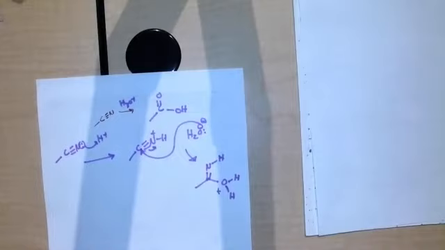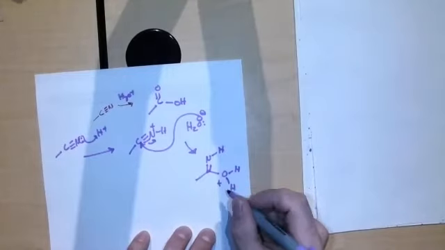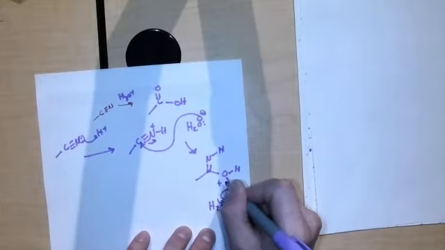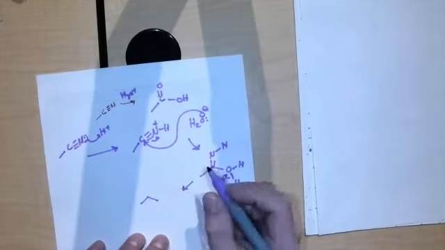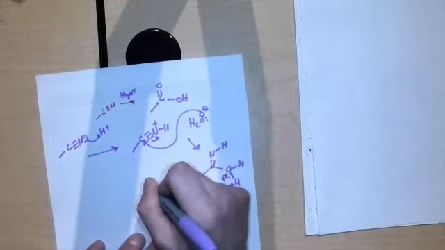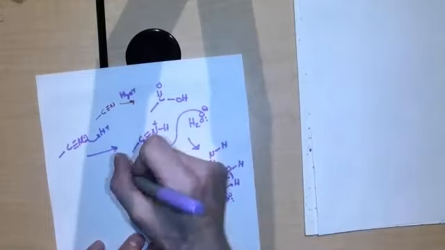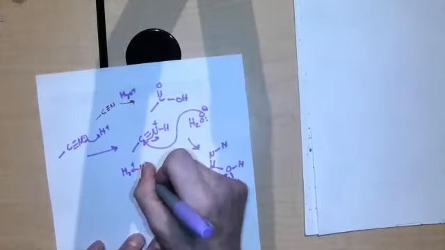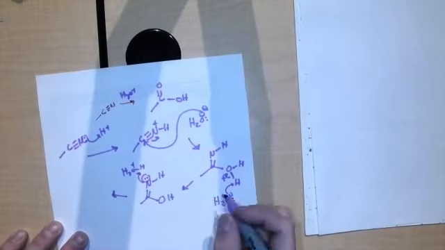From here, we can grab one of these H's. Our nitrogen can then pick up that H. We're going to make a protonated version of our amide.